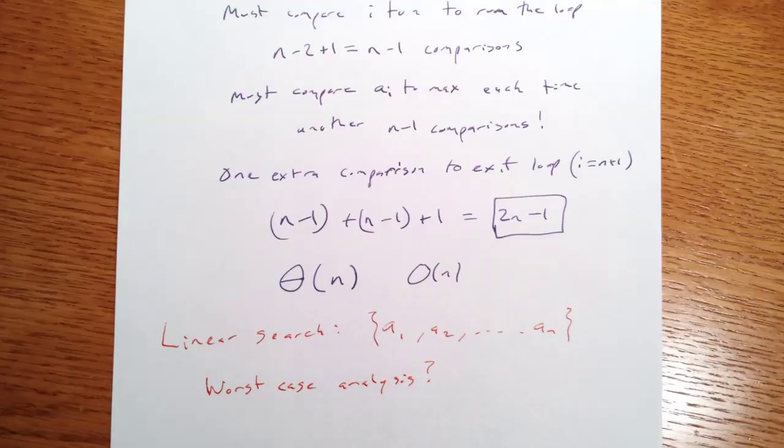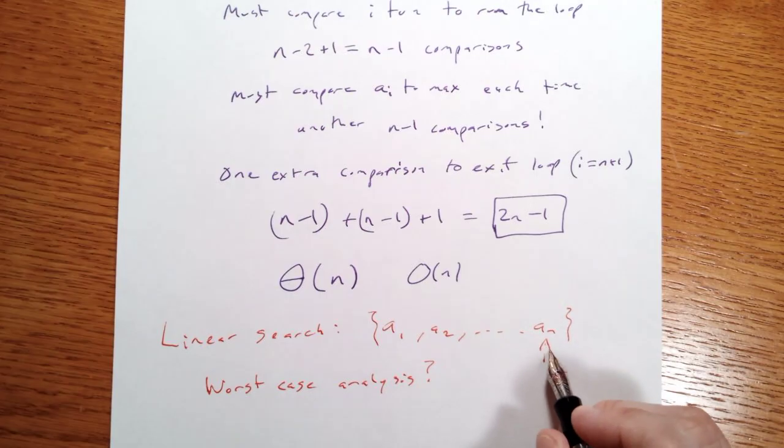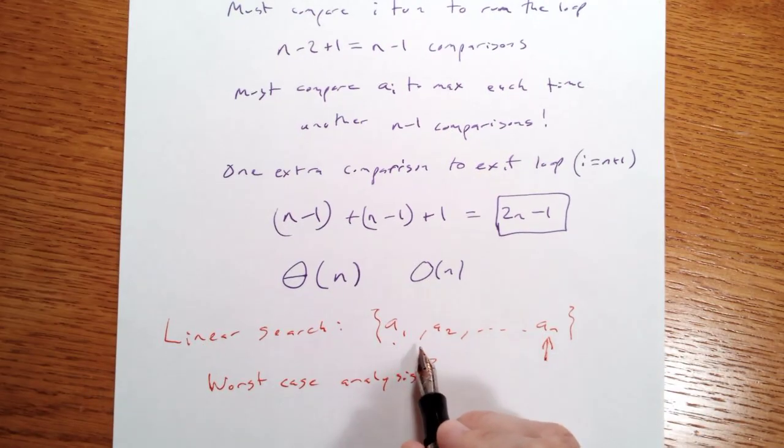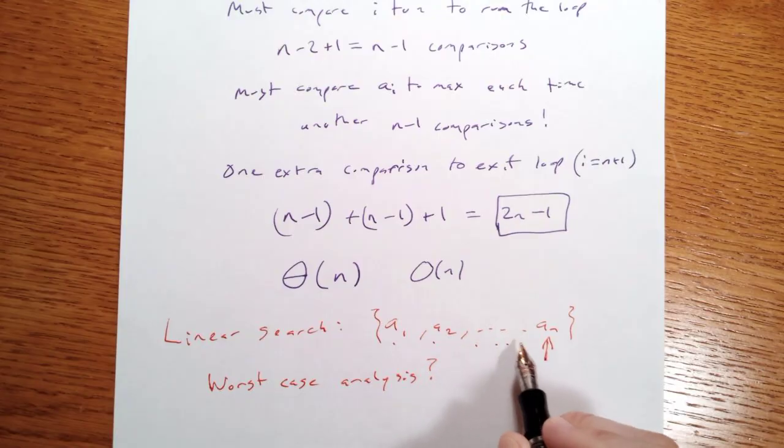The worst thing that could happen would be that the thing I'm looking for is where? It's there, since the linear search requires me to go through one at a time.